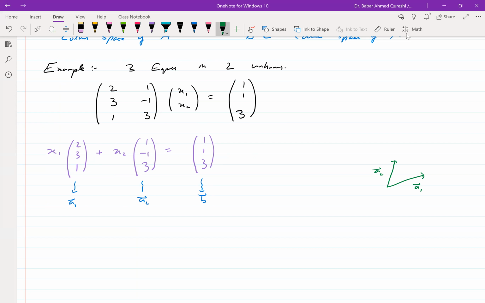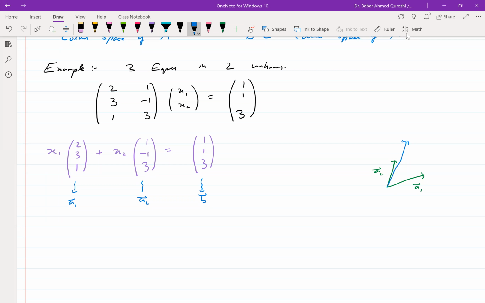But 2 vectors form a plane, and their span would be all the vectors in that plane. Now, if I randomly choose a third vector B, it will typically be outside the plane. So it will not be in that subspace.